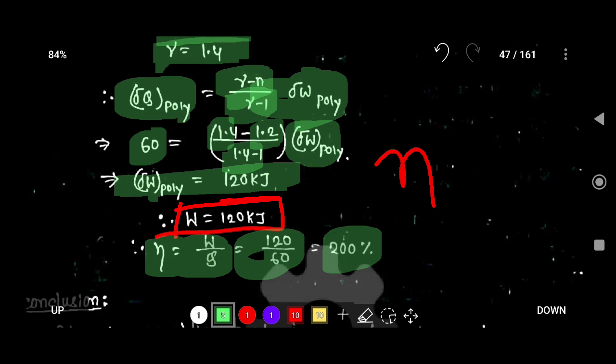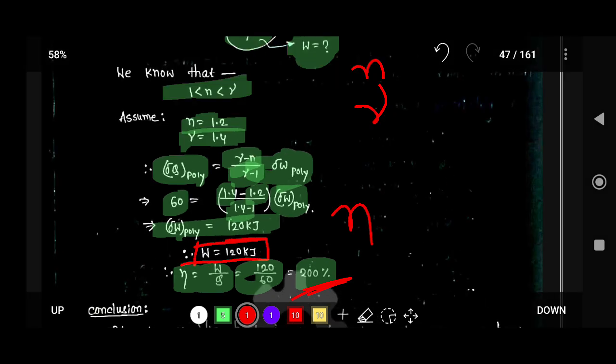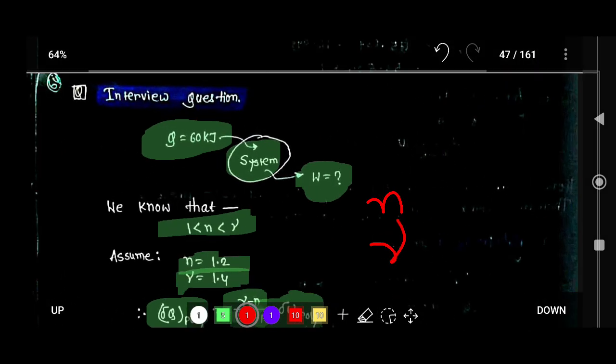So the interviewer says this is 200%, but you applied heat of 60 kilojoule and got 120 kilojoule of work. How is this possible? This is how the interviewer asks the question.